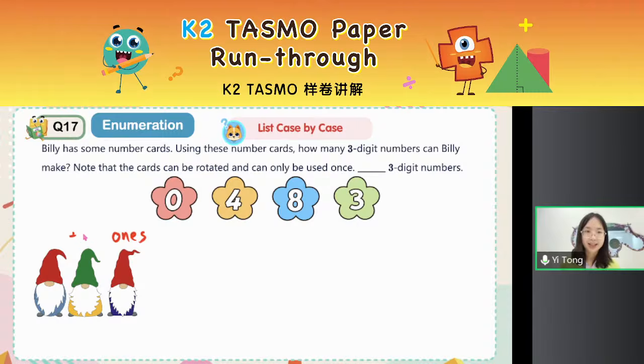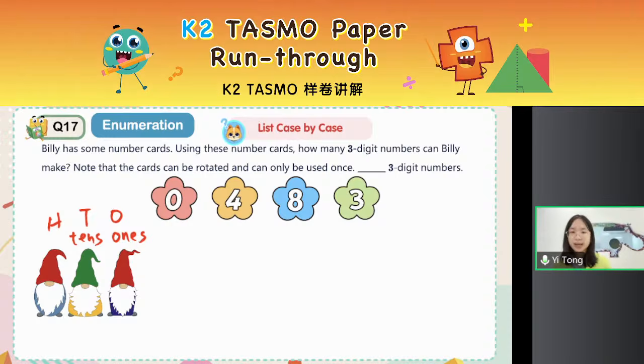And then tens. Then hundreds. So we can write hundreds slowly. H, T. So now for digit places.